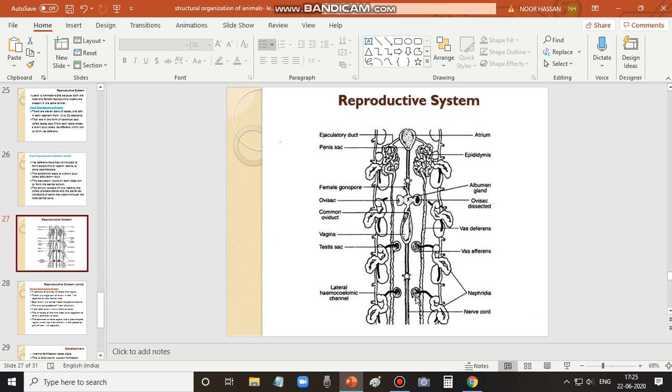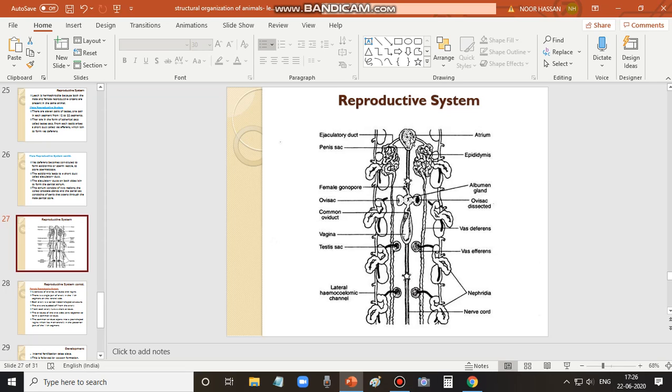From each testis sac arises a short duct called vas efferens, and the vas efferens opens into this duct called vas deferens. The vas deferens becomes a highly coiled or convoluted tubule called epididymis, and from the epididymis on both sides arises a tube called the ejaculatory duct, which opens into this chamber called the genital atrium.